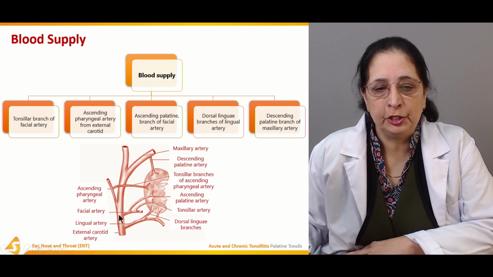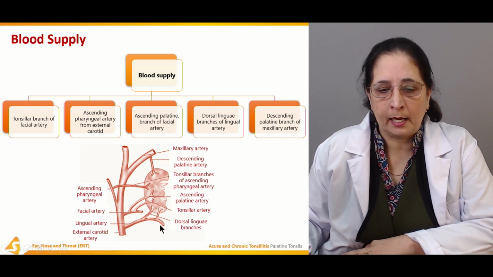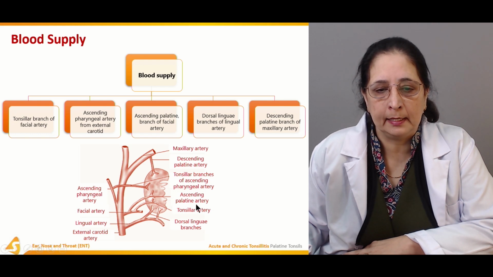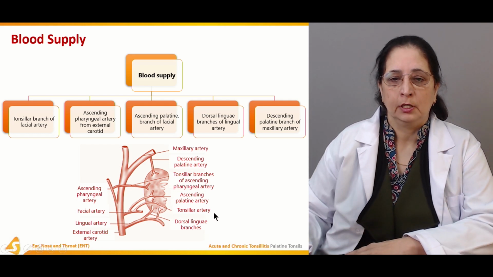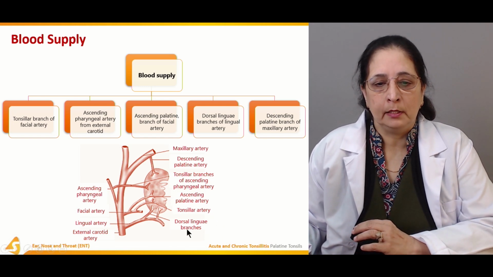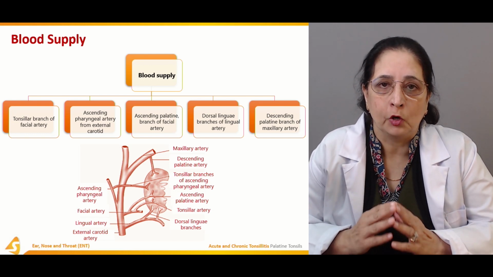And then the facial artery is giving the ascending palatine artery, and also the tonsillar branch. The lingual artery is giving the dorsal lingual artery. So these are all the branches that give the blood supply to the tonsil.